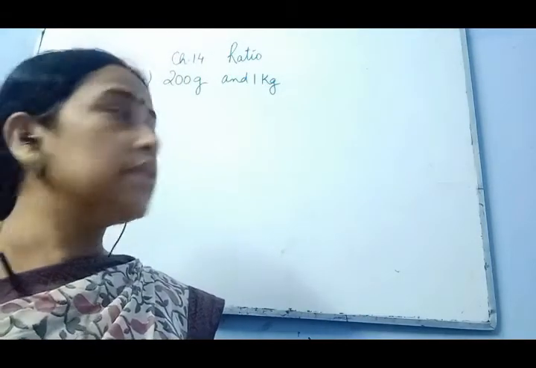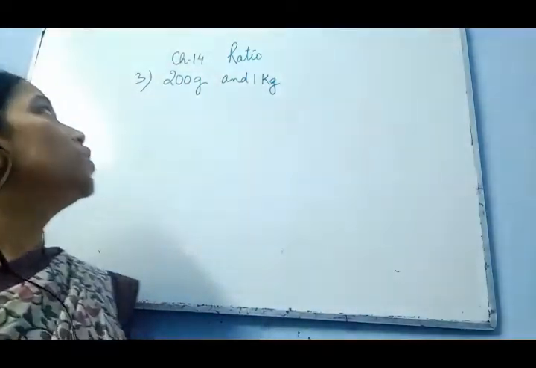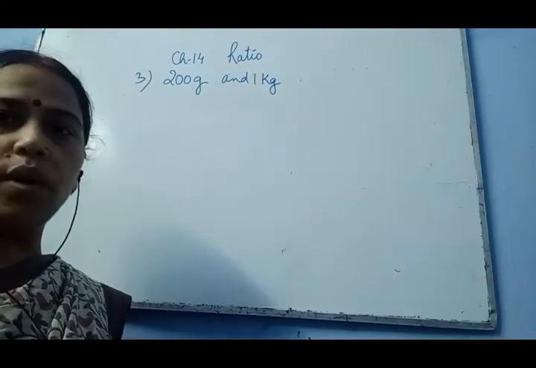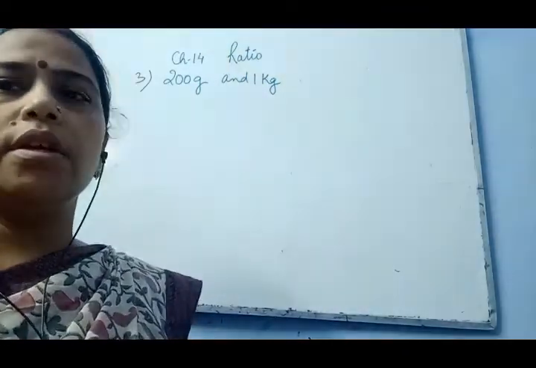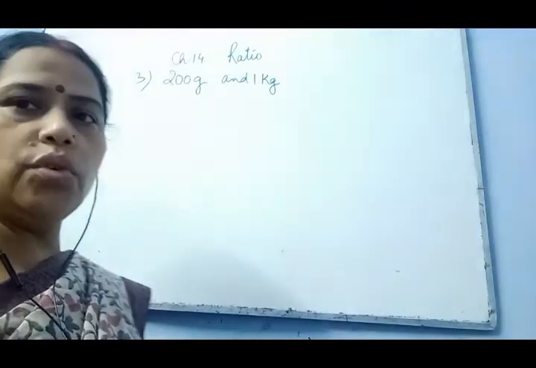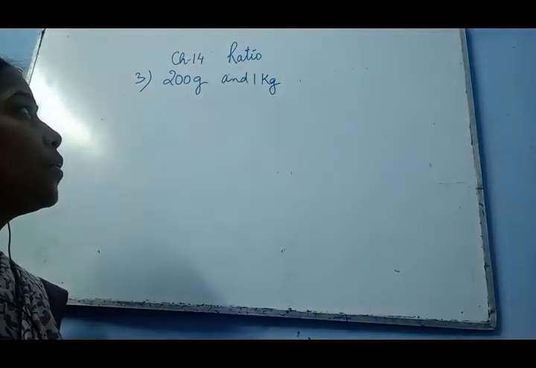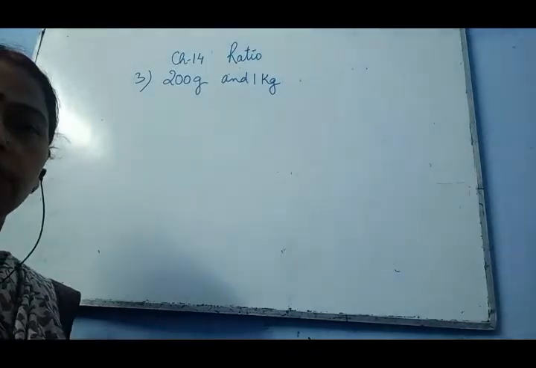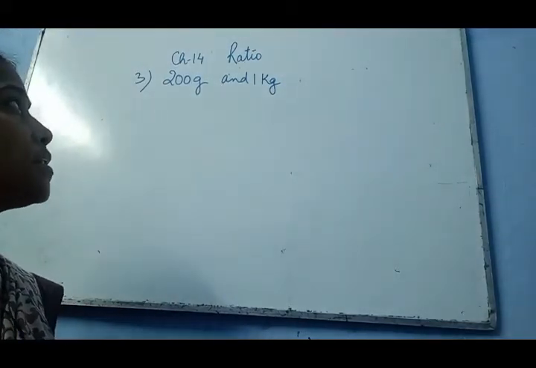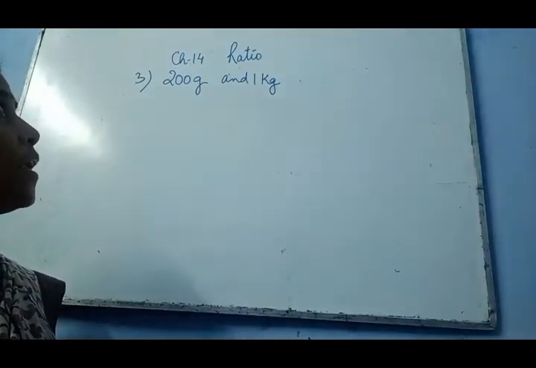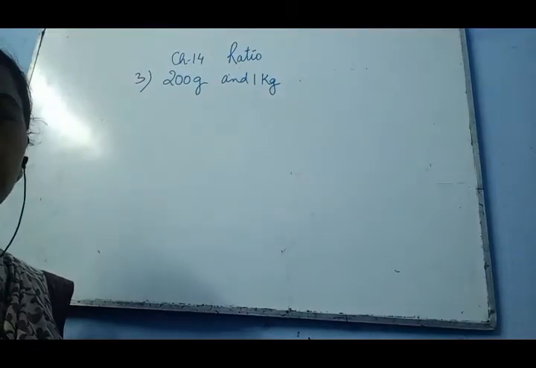Suppose we have a third example as 200 gram and 1 kg, and we have been asked to find the ratio of 200 gram and 1 kg. Then what will we do? Here also children, you have to remember that the units are different. One is gram and the other one is in kg.